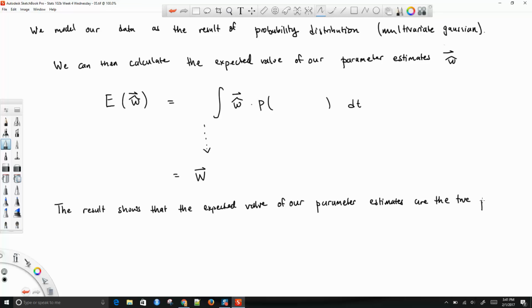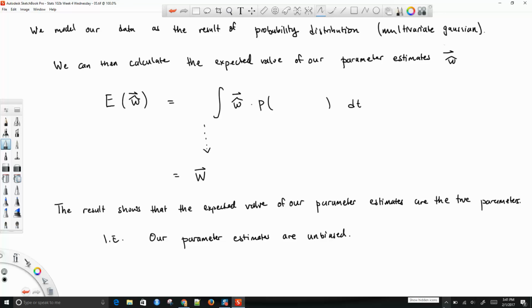That is to say our parameter estimates are unbiased. So that's a good thing.